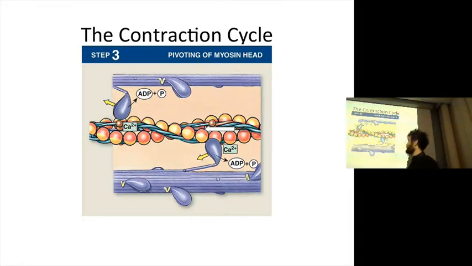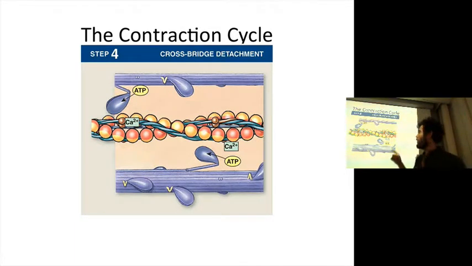But we're going to go through a cycle. The cycle is going to happen as long as calcium and ATP are around. ATP hasn't entered the picture yet, though. Right? We're about to add it. So when the ADP comes off, the cross bridge detaches. There's cross bridge detachment. When that happens, this reveals the potential for ATP to bind to the myosin head group.